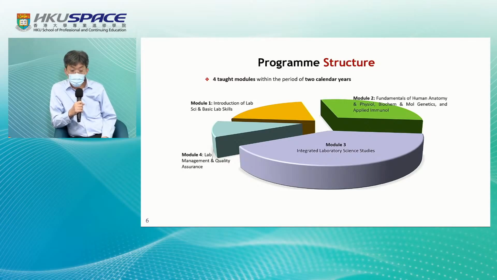We also have an integrated laboratory science study module, module 3, with a number of sub-modules like toxicology for herbal medicines and food laboratory, microbiology testing lab, clinical biochemistry, hematology, serology, histopathology, and medical microbiology.